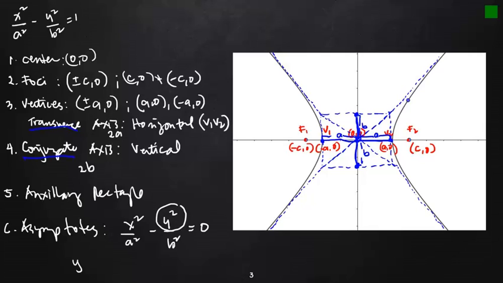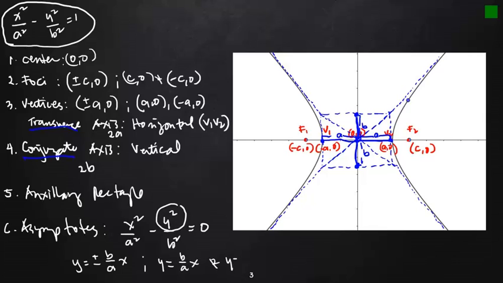Given this equation of the hyperbola in standard form, the equation of our asymptotes is y equal to plus minus b over a x, which tells us that we have y equal to b over a x and y equal to negative b over a x. So this asymptote has an equation of y equal to b over a x, and the other asymptote has an equation of y equal to negative b over a x.